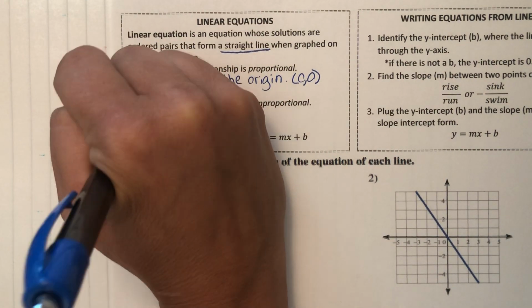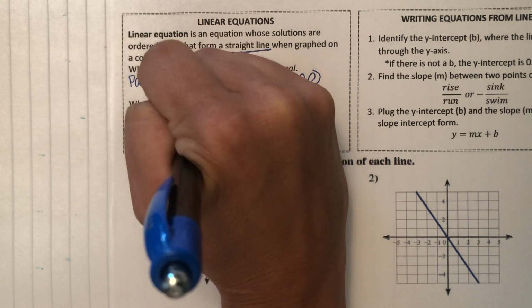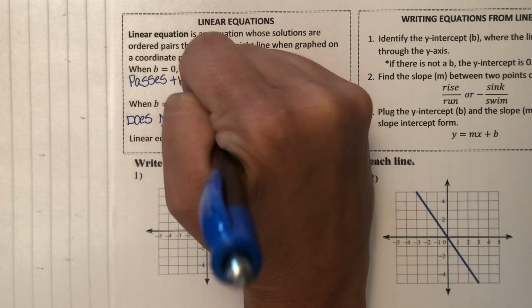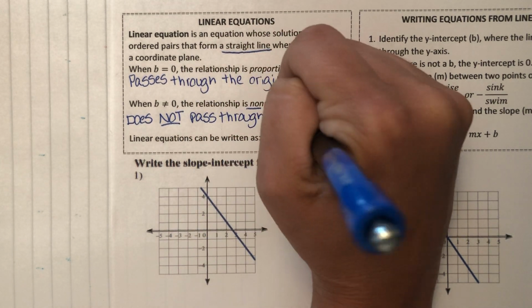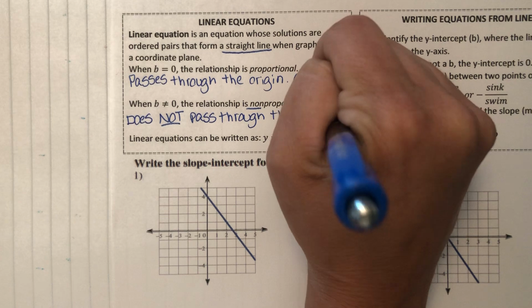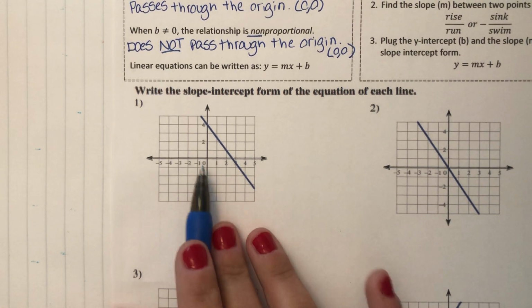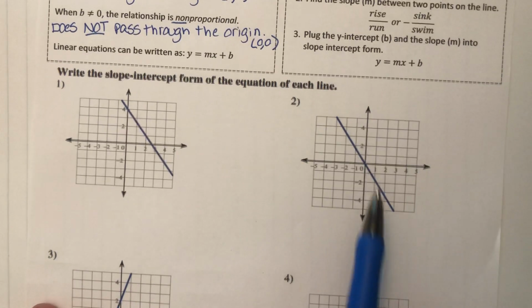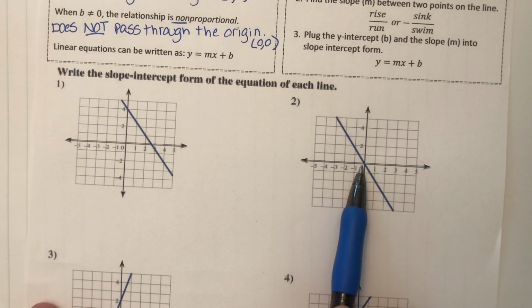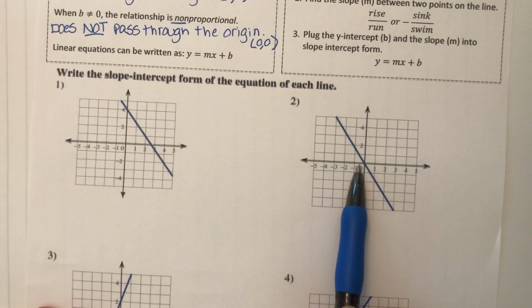That means it does not pass through the origin, (0, 0). So if we look at this graph right here, this is non-proportional. It does not pass through the origin. When we look at this graph here, this is proportional. It passes through our origin, (0, 0).